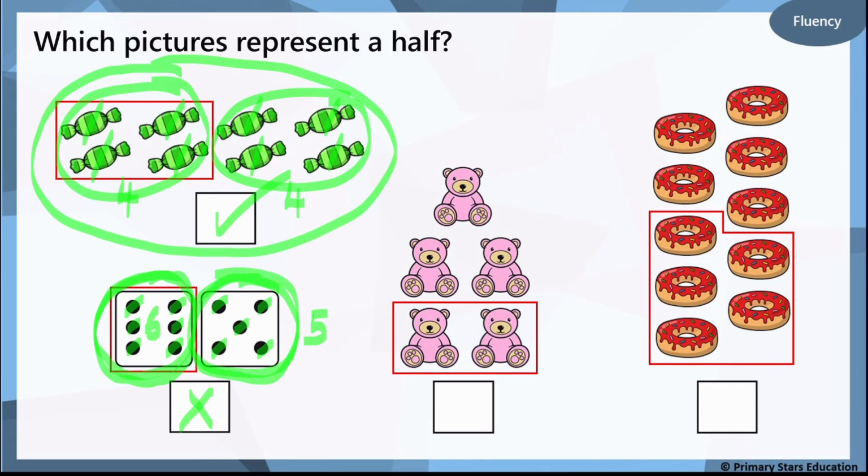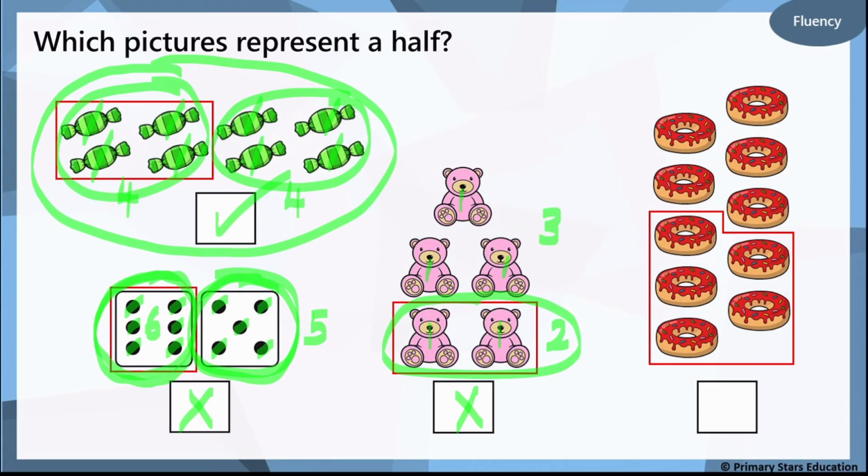Let's look at our pink bears. They're quite cute, aren't they? So we've got 1, 2 bears in this part of the fraction, and we've got 1, 2, 3 bears here. Does that show half? Hands on head for yes, hands on knees for no. Well done everyone with their hands on their knees. That is not half. Tell me why that picture does not represent a half.